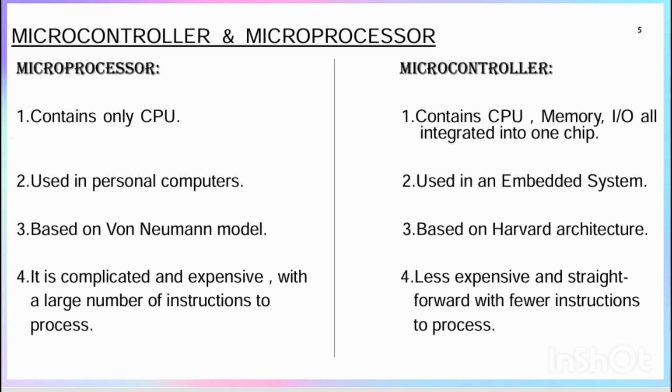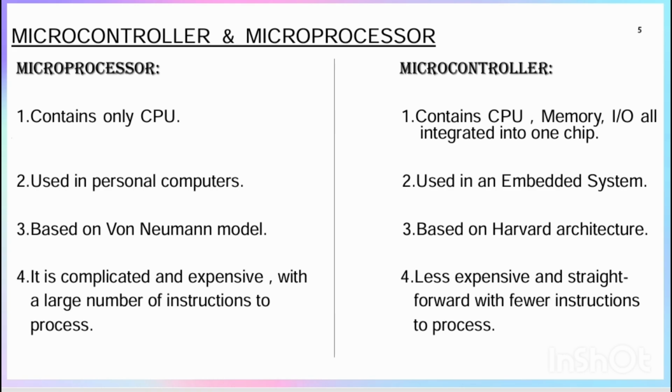Next, we will discuss the difference between microcontroller and microprocessor. A microprocessor contains only a CPU, whereas a microcontroller contains CPU, memory, input and output, all integrated into one chip. A microprocessor is used in personal computers, whereas microcontrollers are used in embedded systems.